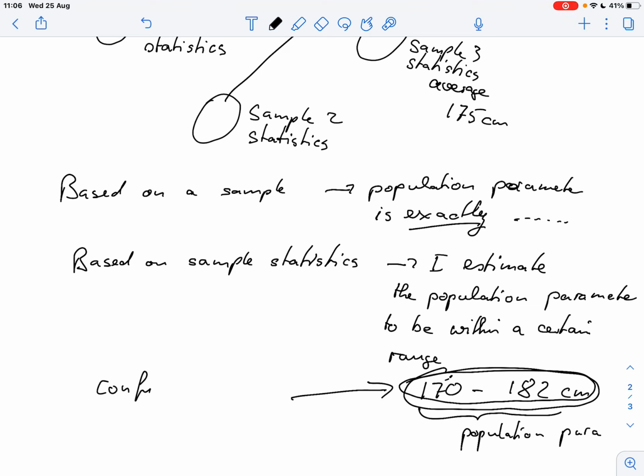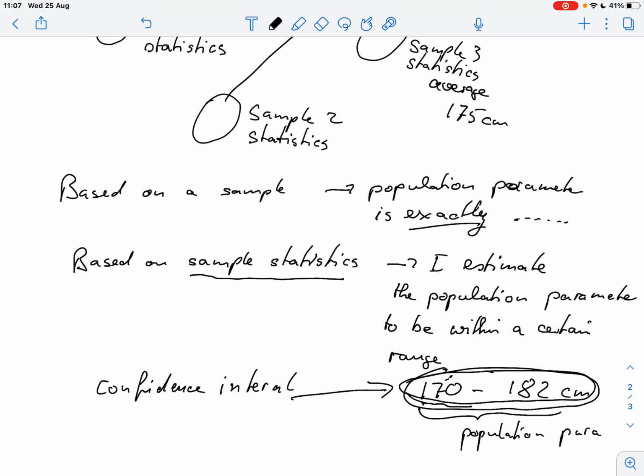I'm fairly confident that, based on my sample statistics, in this case the height of this particular sample, the true and one and only population parameter, namely the height, is within this range.